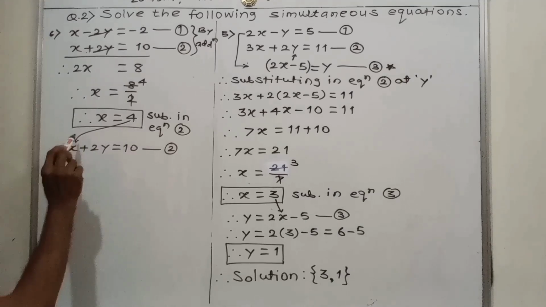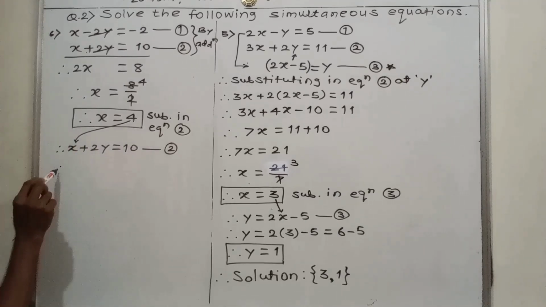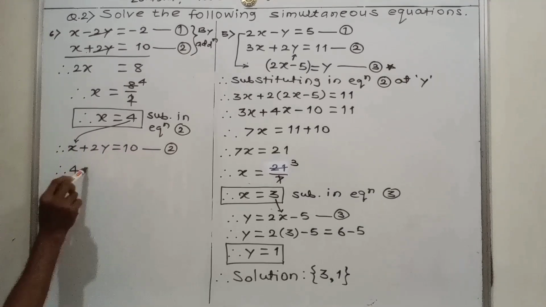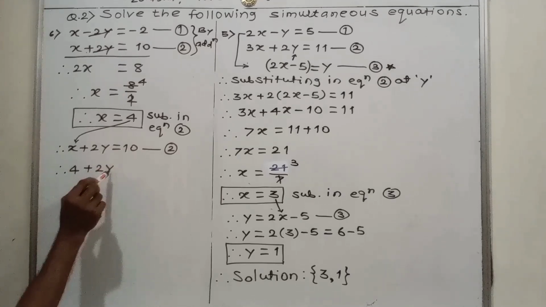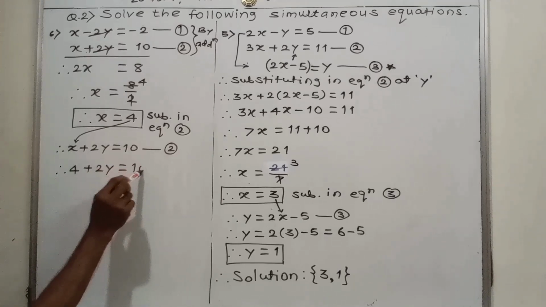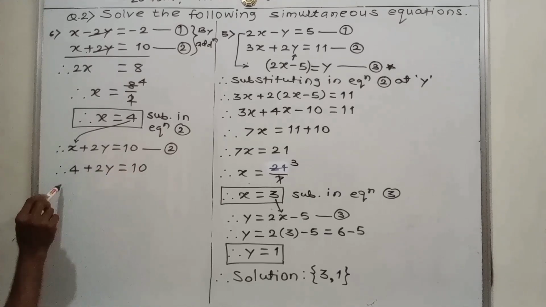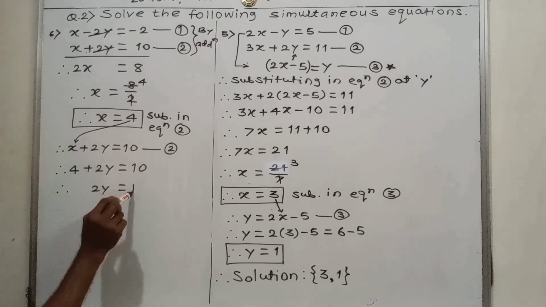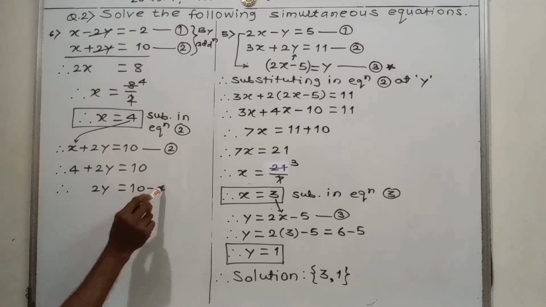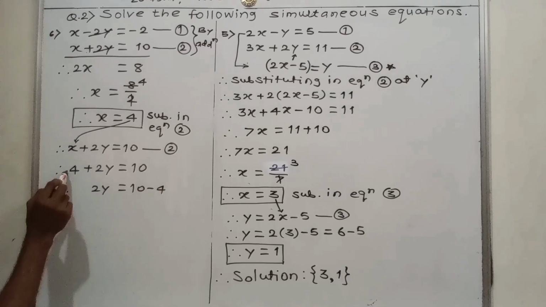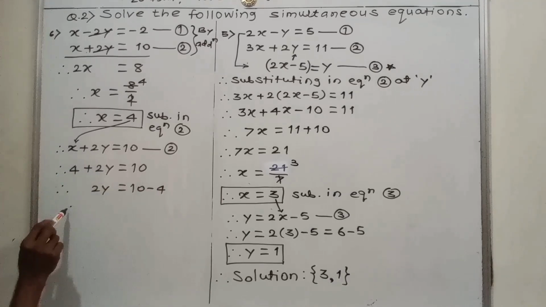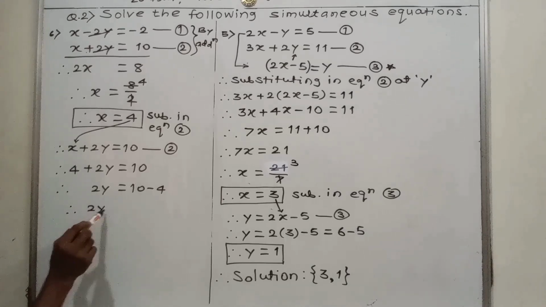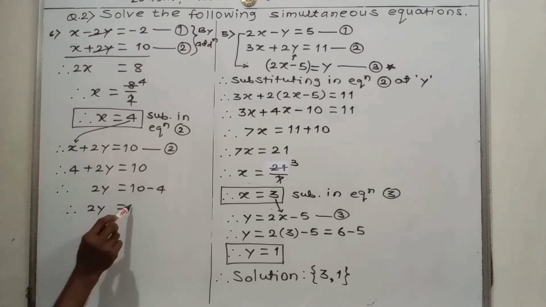We put value of x, 4 plus 2y is equal to 10. Therefore 2y is equal to, like terms together, plus 4 becomes minus 4 to the right side, 10 minus 4.